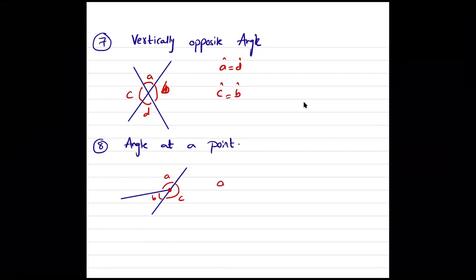If you add up all the angles A plus B plus C, what is the sum going to be equal to? 360 degree. So you need to add all the angles and they will add up to 360 degree.